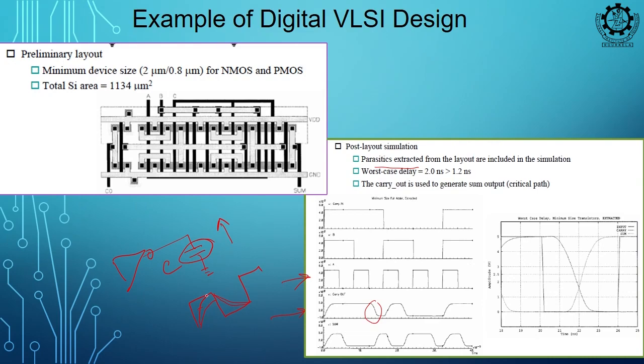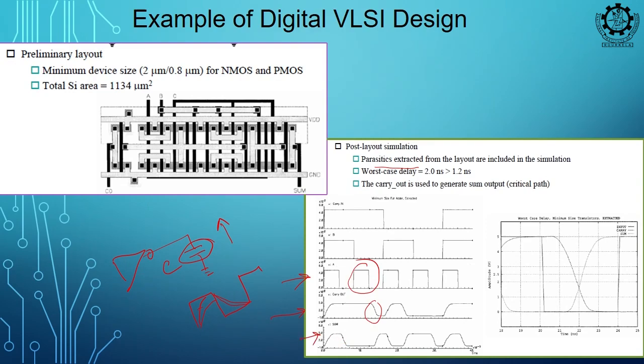So, if you have an ideal response, it will be just a square pulse, okay. And as you keep on increasing your capacitance, or if you do the ideal schematic simulation and then you do a layout and do the post layout simulations, then you will be seeing this slewing.